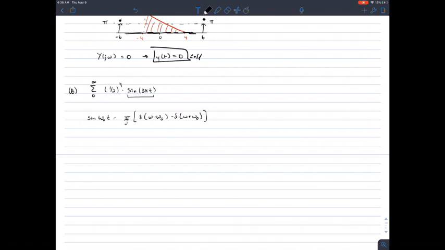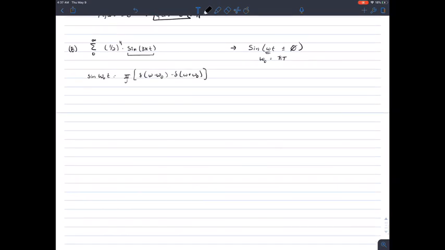Alright? And as you can see here, again, sine of omega naught t, where omega naught is going to be equal to 3k. Okay? Alright, so let's go ahead and multiply these two.